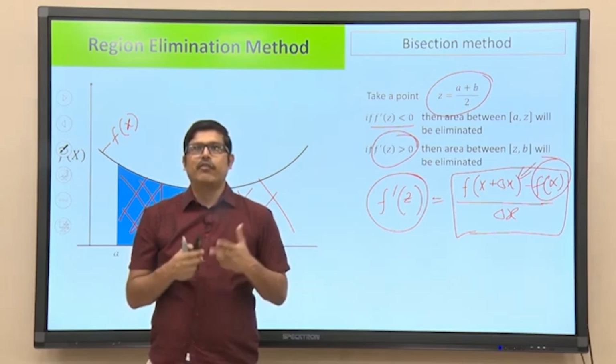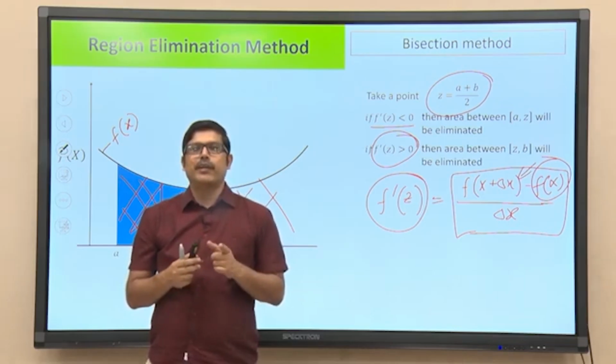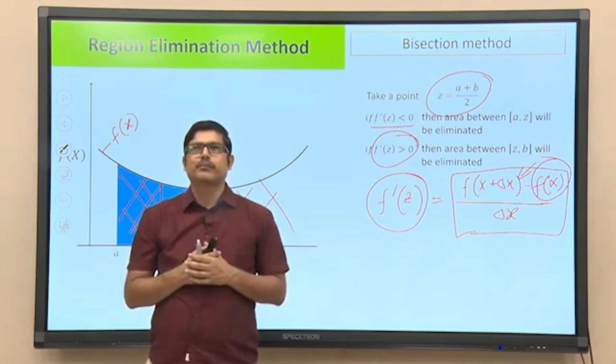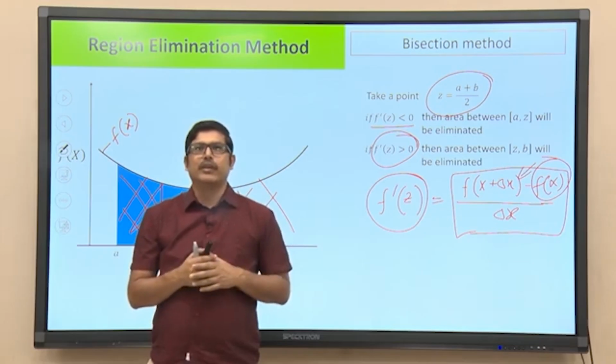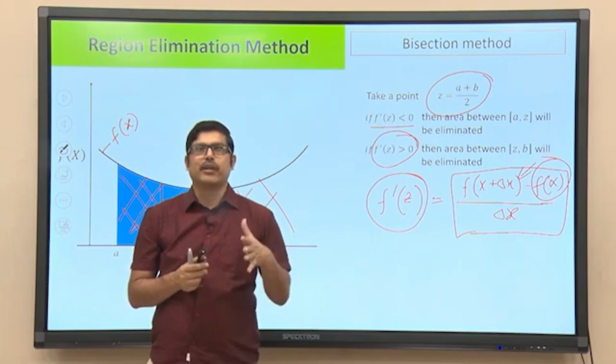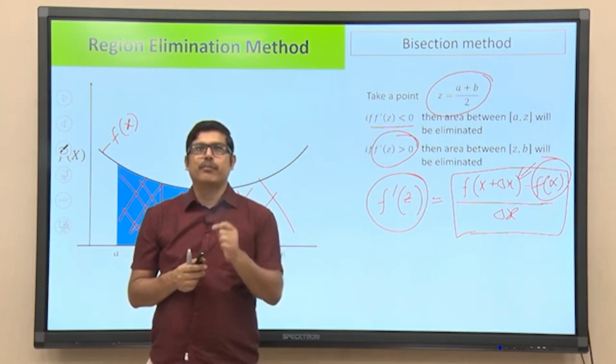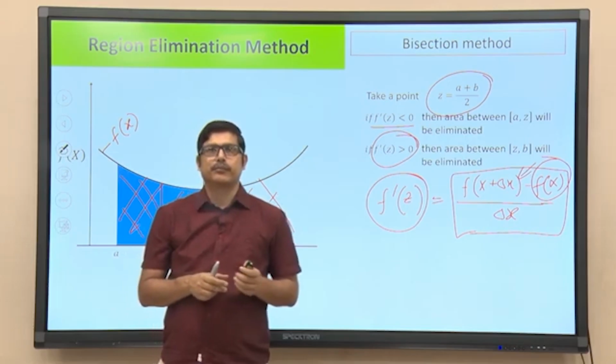So, every iteration you are eliminating 50% of the area and there are two function evaluations. So, per function evaluation I am eliminating 25% of the area. So, you can say this is similar to the interval halving method in terms of computational complexity, is it not?